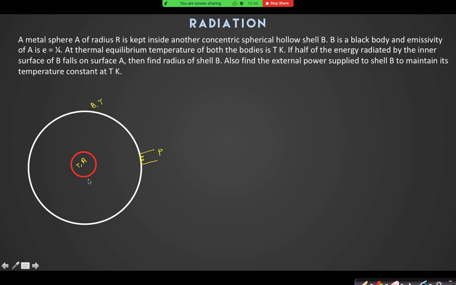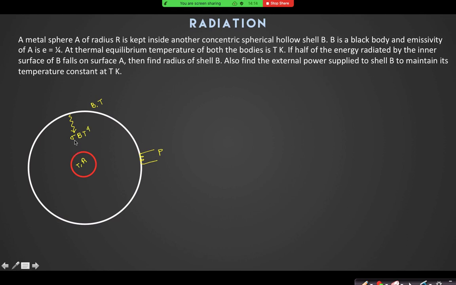So let me draw first what are the exchange of heat powers between the bodies. This is the body B, whose inner surface I am talking about. Its inner surface is radiating some energy, and it is a black body, so it is sigma into its surface area, suppose B, into T power 4.